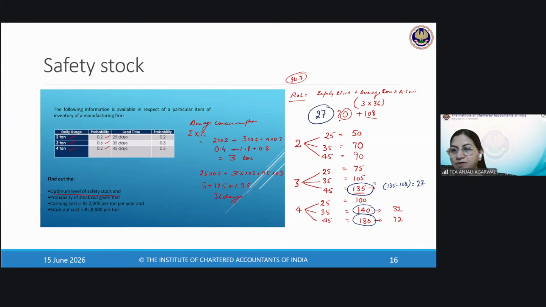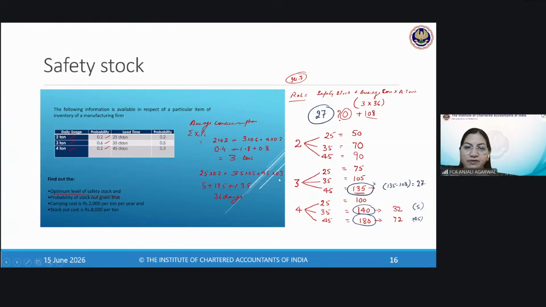You would not have been stock out here also. And here you would have been stock out by only 5 units. And here you would have been stock out by 45 units, right? If you had kept a safety stock of 32, you would not have been stock out here also. You would have been stock out on only this scenario with 40 units. Okay. So let's calculate all this.